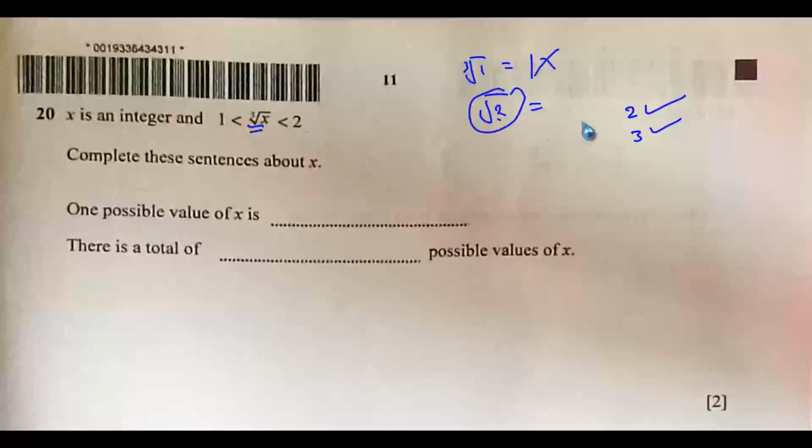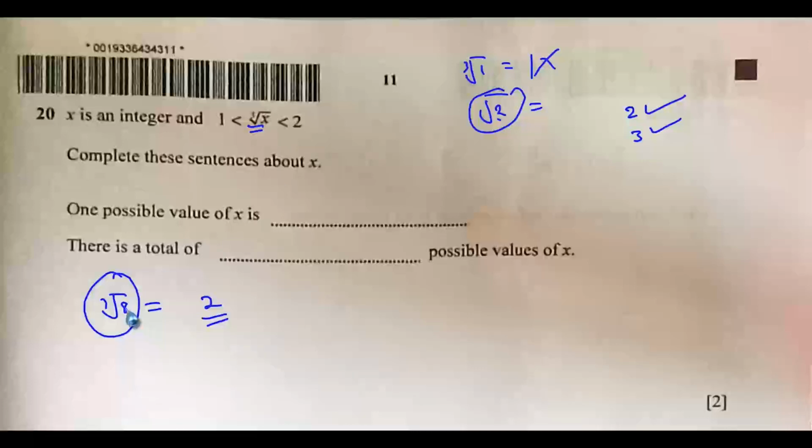I don't want to consume your time by going deeply. How we can get this is, cube root of 8 is 2, so that means cube root of any number that is less than 8 cannot be up to 2. So that is the benchmark I'm using to get all this.